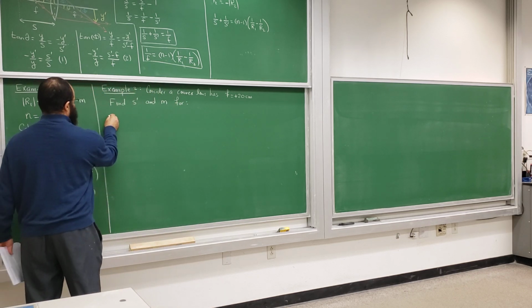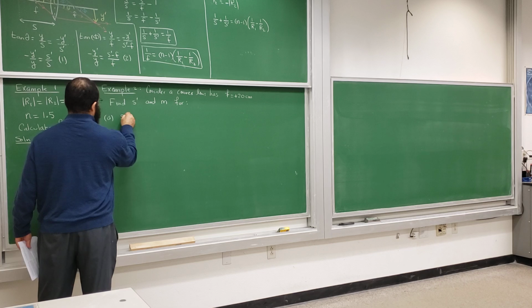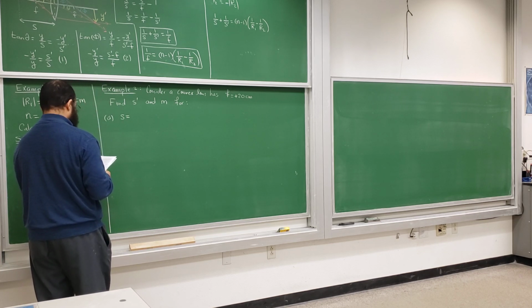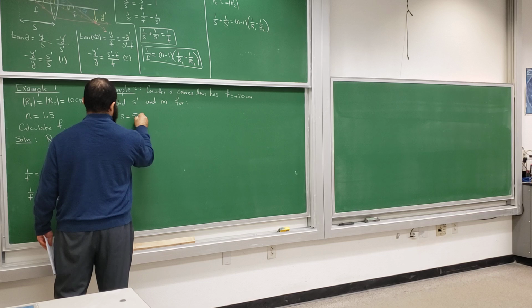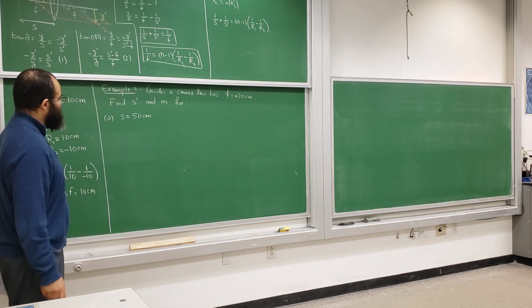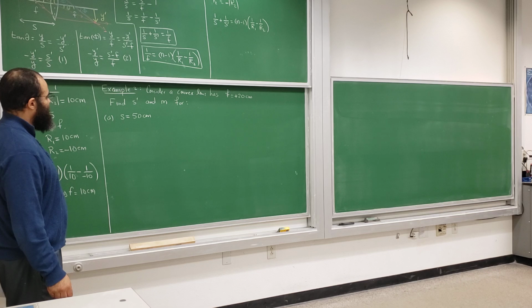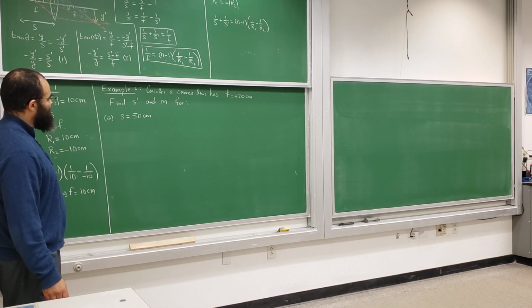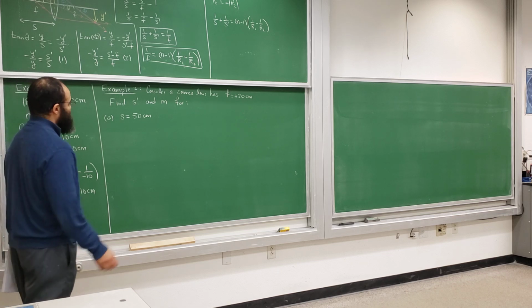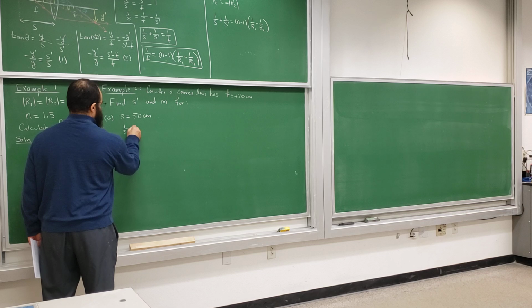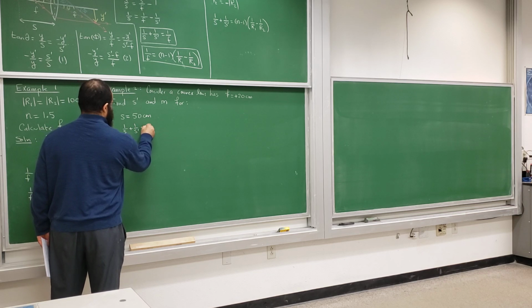Let's go for case 1. Let's say the object distance is 50 centimeters. Let's first find S prime. So how can we find S prime? That equation, yes. It's fairly easy. 1 over S plus 1 over S prime is equal to 1 over f.